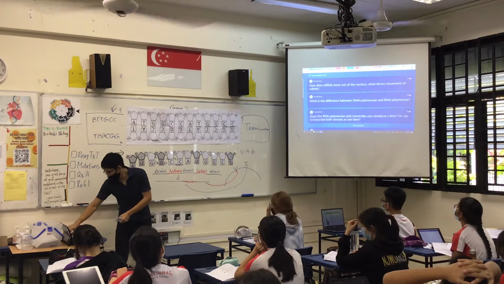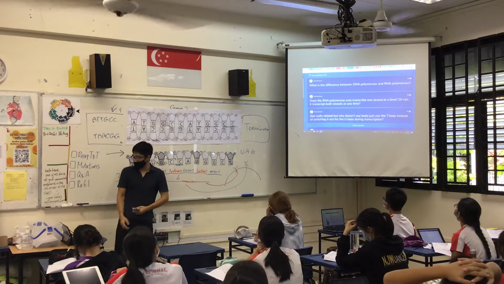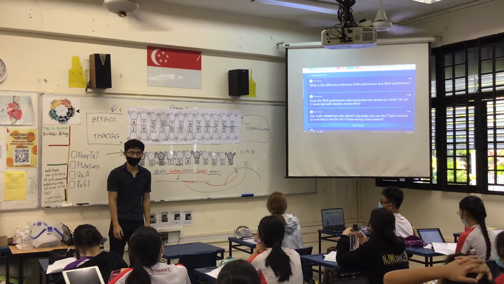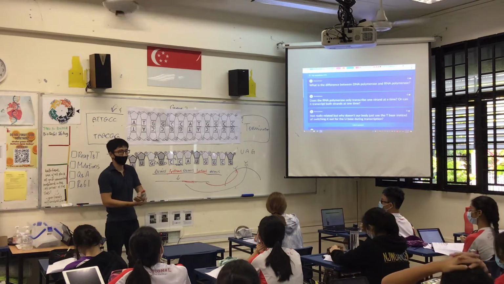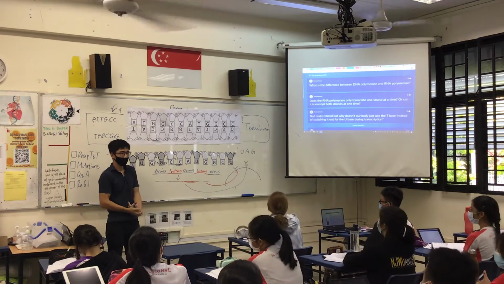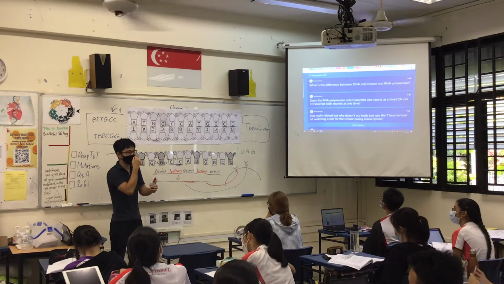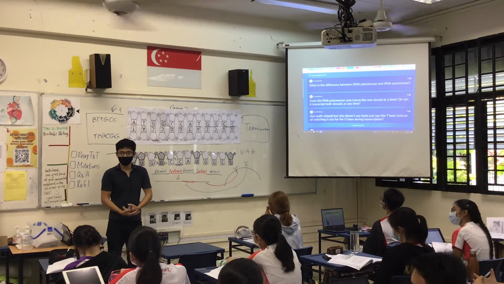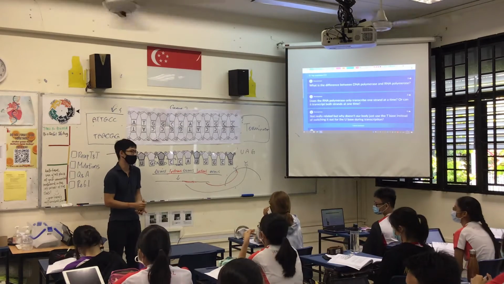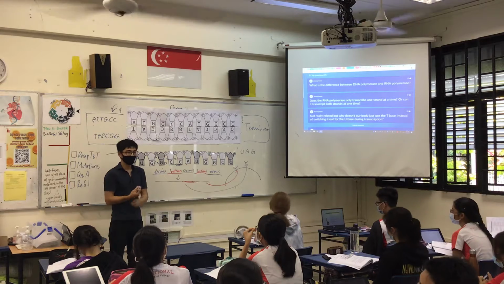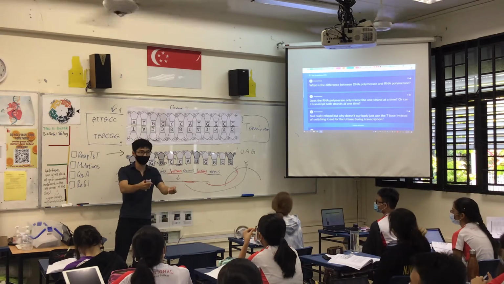What's the difference between DNA polymerase and RNA polymerase? Good question. Just based on what we've observed, the name itself even tells us the difference, right? When was DNA polymerase used?